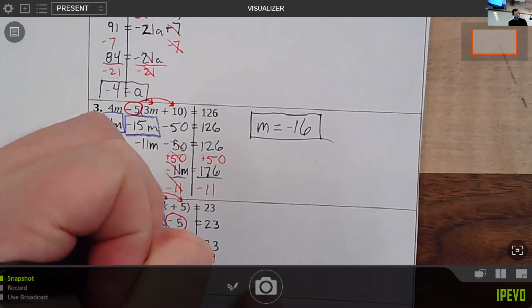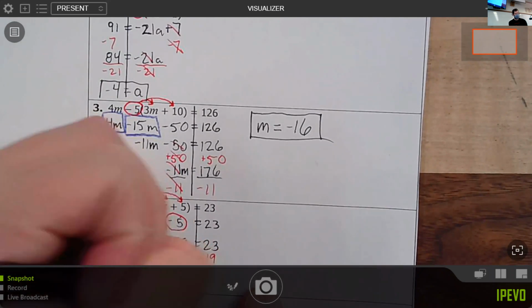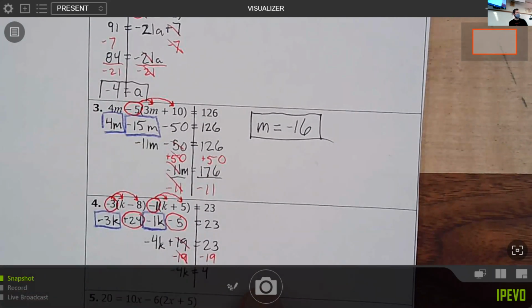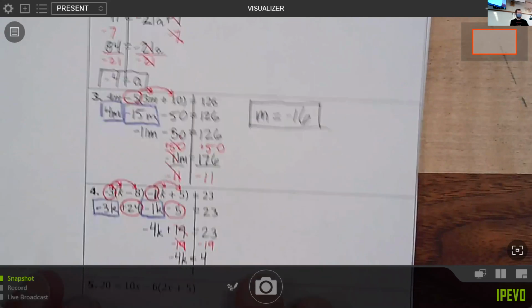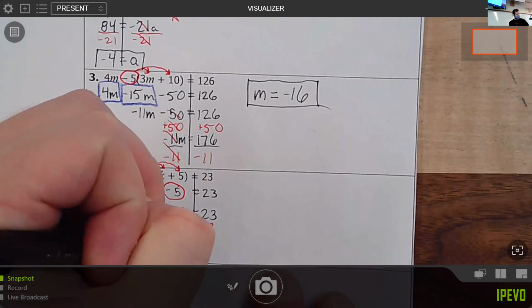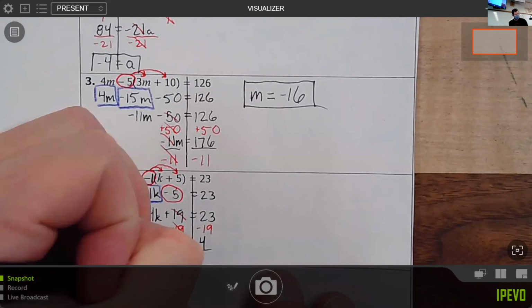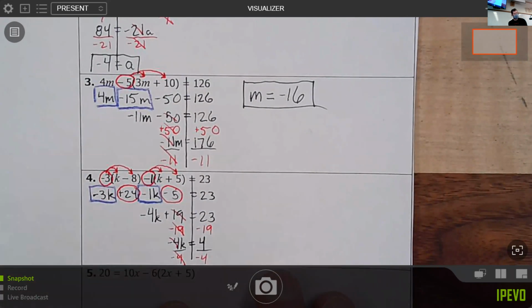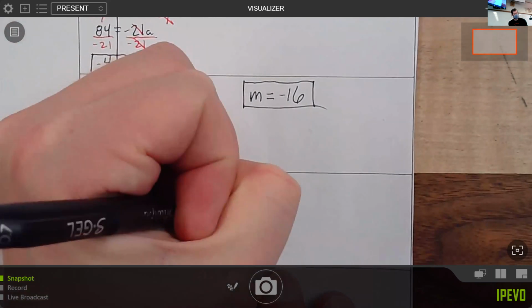Which means I've got -4k. 23 minus 19 is 4. Last step, what do we do? What is it? Divide by -4. What does k equal? -1.